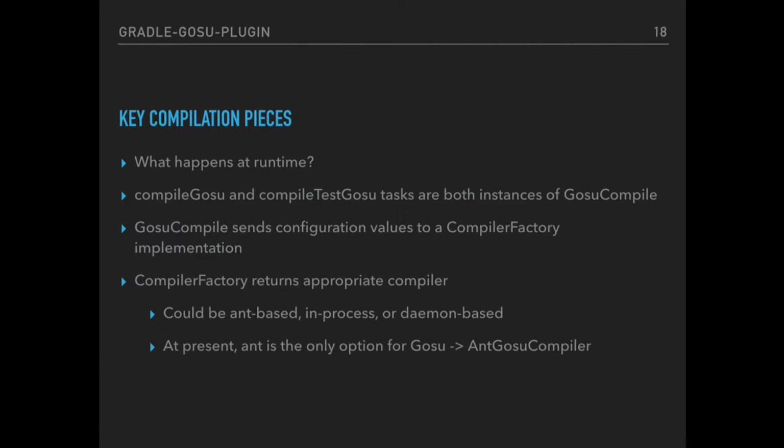Now, again, we're only using Ant, so that's the only option that's going to be returned. But if you look at the implementations for Scala or Groovy, based on the options we specify in the compile options or the language-specific compile options, you might get back an in-process compiler or an out-of-process compiler. And those implementations are all going to vary depending on the language.